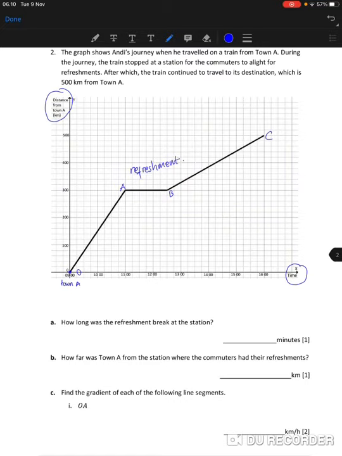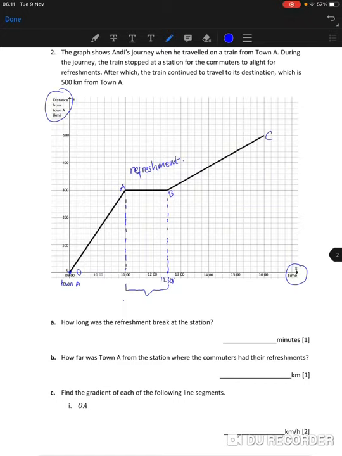If you want to find how long the refreshment break was, you have to find the difference between A and B. Your A here is 11 o'clock, and B here is going to be 12:30. This one is really in the middle of 12 o'clock and 13 o'clock, yeah, 1 o'clock. So in the middle of 12 and 13, you have 12:30 there.